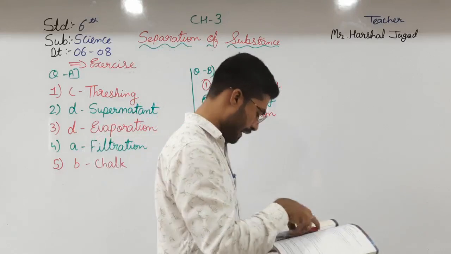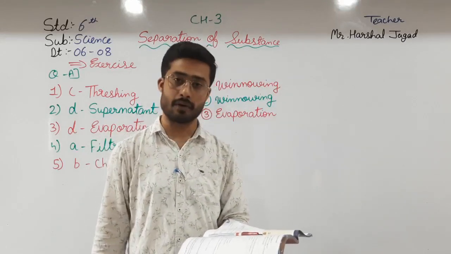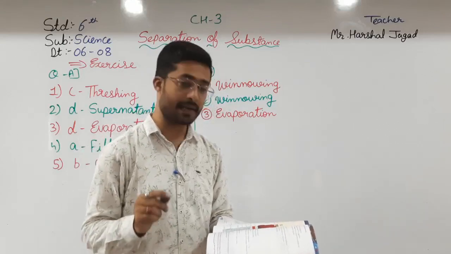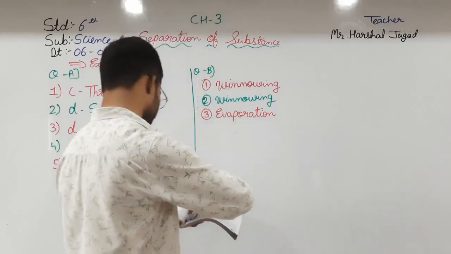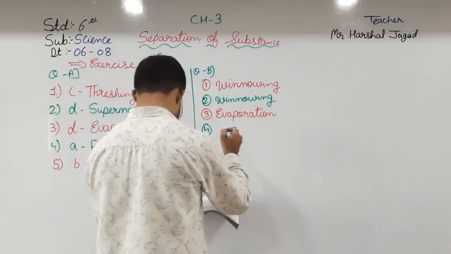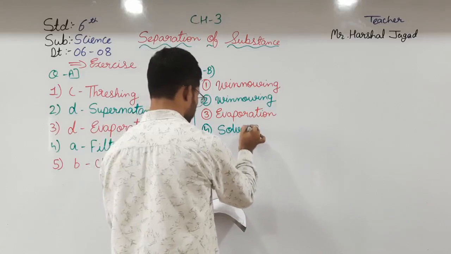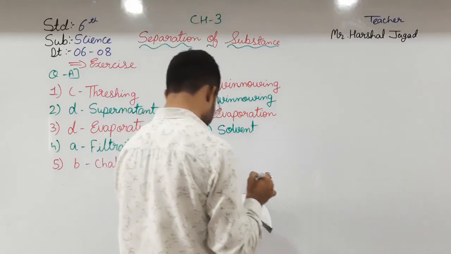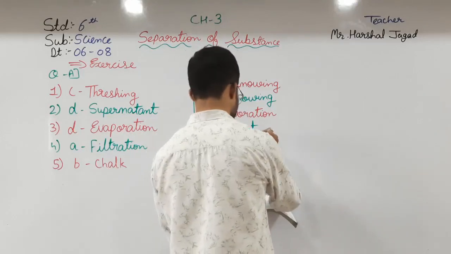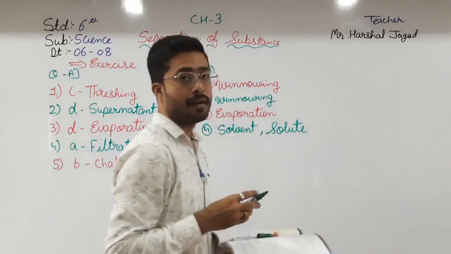Fourth one: a dash is a substance in which the dash gets dissolved. So here the answer in the fourth one is: a solvent is a substance in which solute gets dissolved.